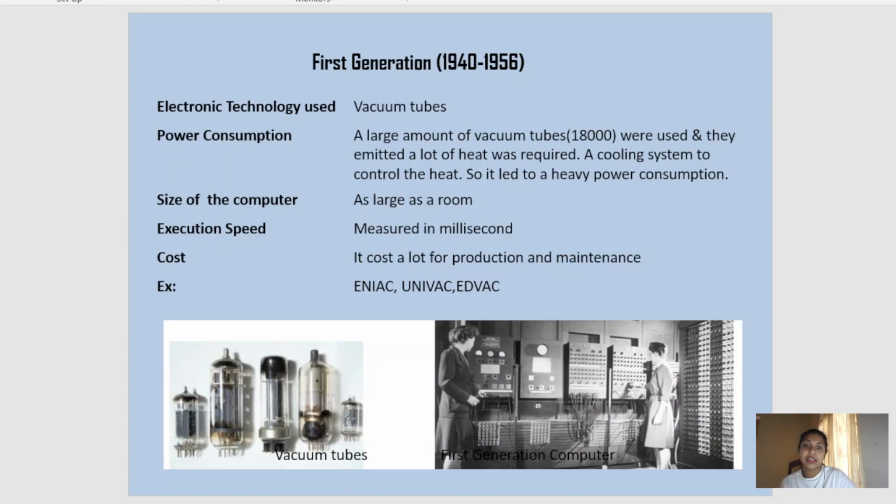The size was as large as a room, the execution speed was measured in milliseconds, and the cost of the computer was very high because of production and maintenance. Examples of first generation computers are ENIAC, UNIVAC and EDVAC.